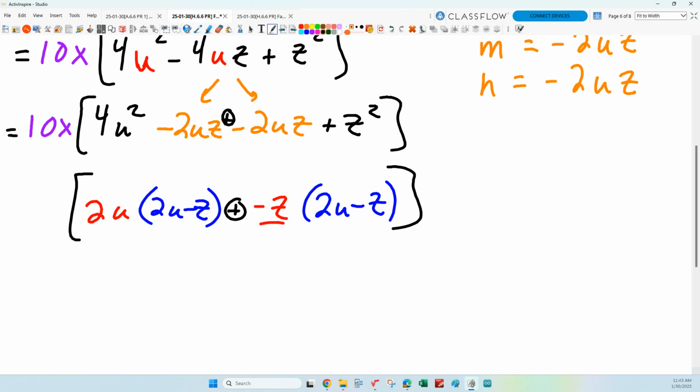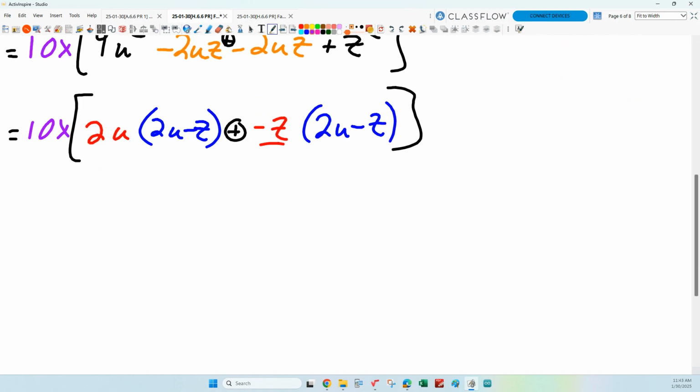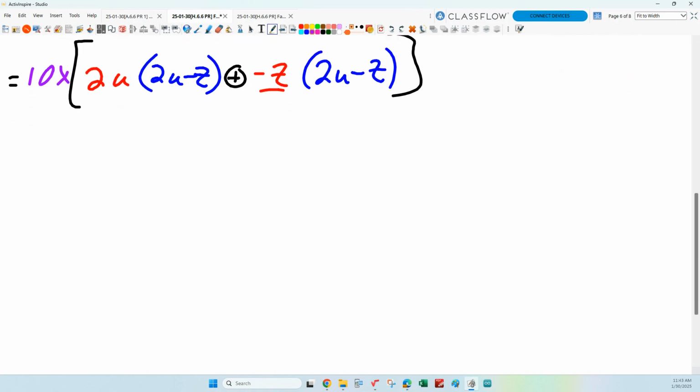And then don't forget, I've got my 10x out front, right? Okay, so now what factor could I undistribute out front with the 10x? 2u minus z. Everybody see that?